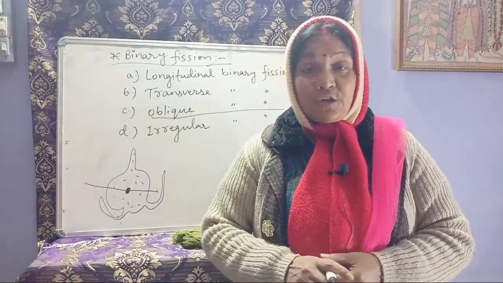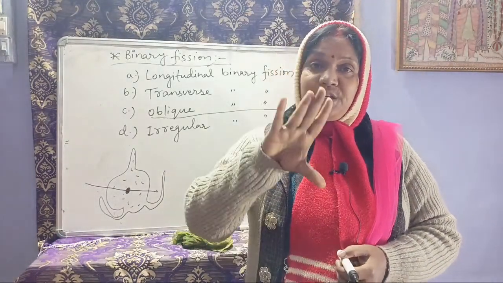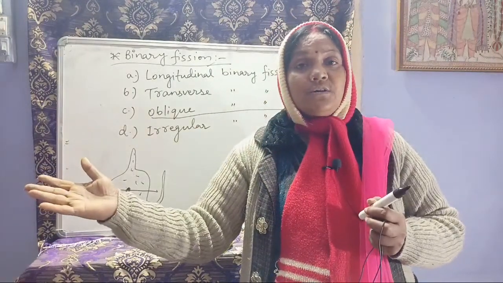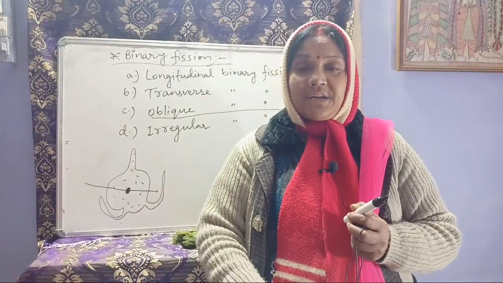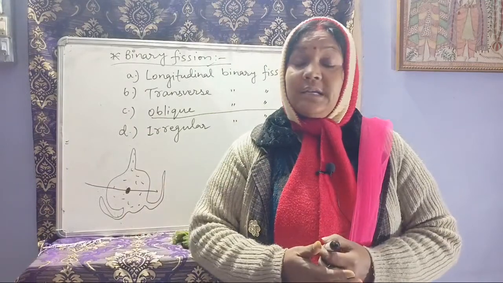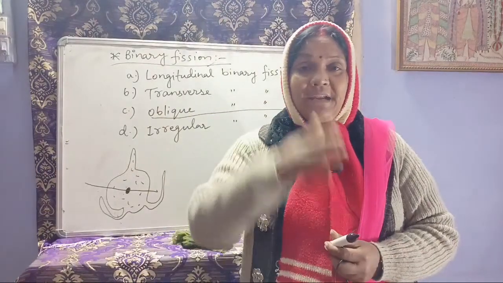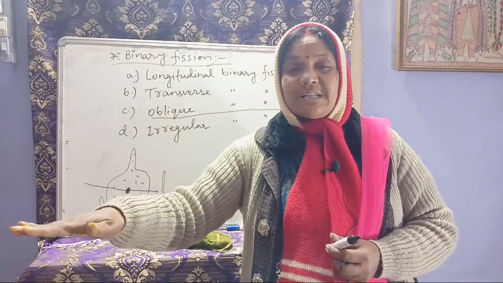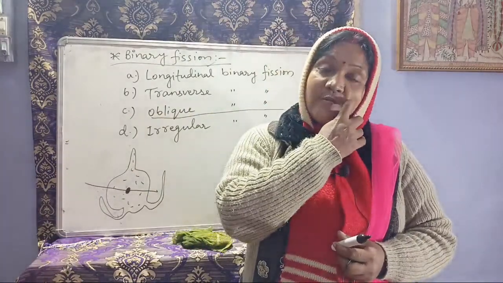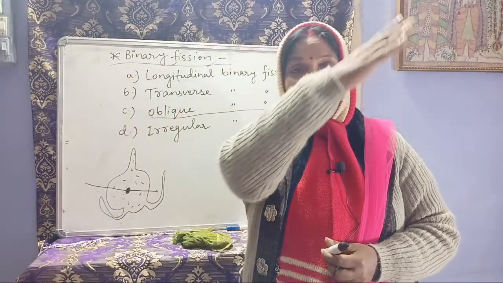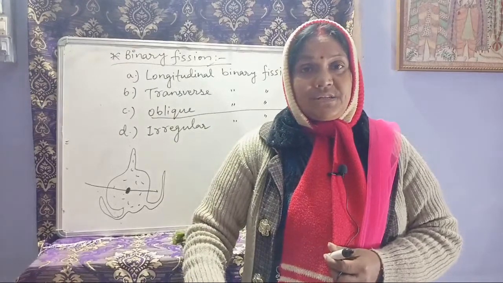In longitudinal binary fission, the unicellular parent divides through the longitudinal axis. In transverse binary fission, the unicellular parent divides through the transverse axis. In oblique binary fission, it divides through the oblique axis.